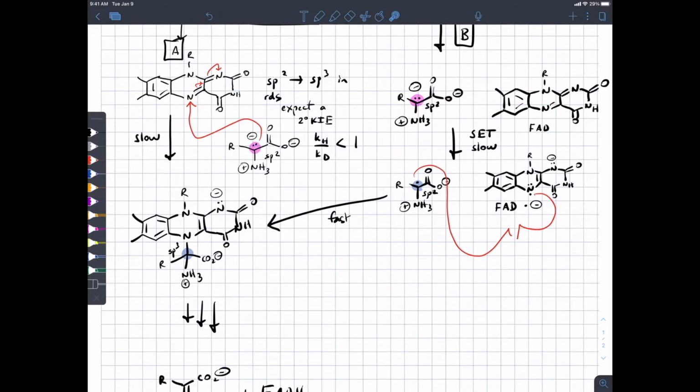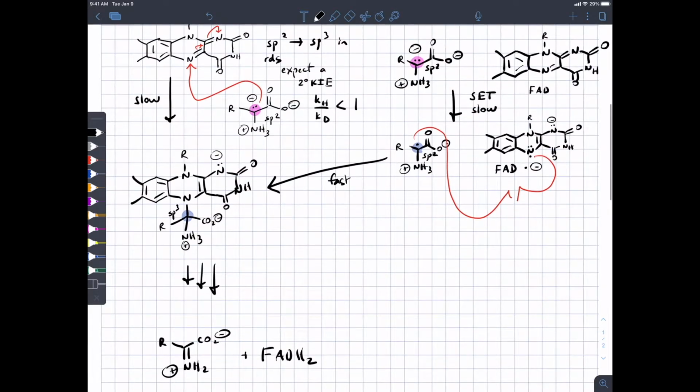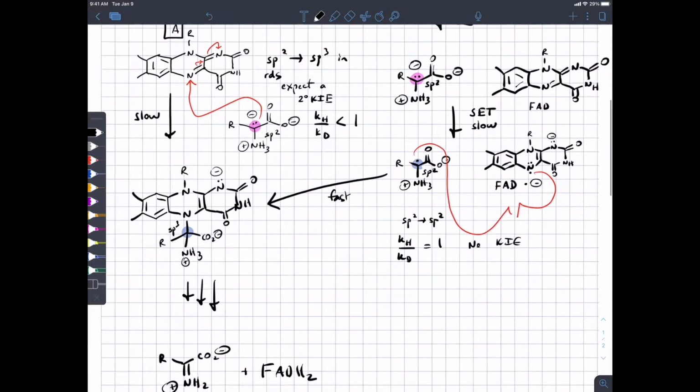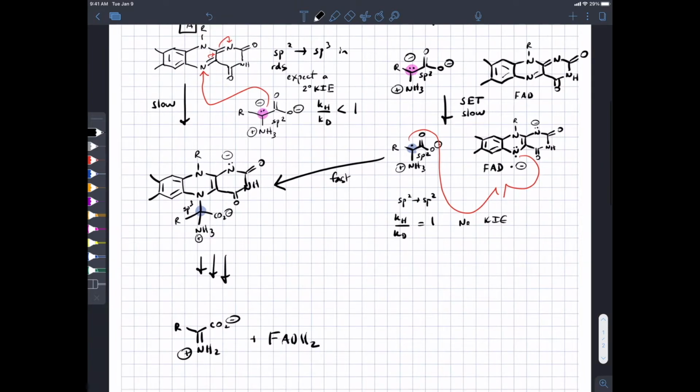Whereas for the single electron transport step, hybridization doesn't change. So you probably expect no kinetic isotope effect. Okay? And they did the experiment. It turns out this particular amino acid substrate was inconvenient.